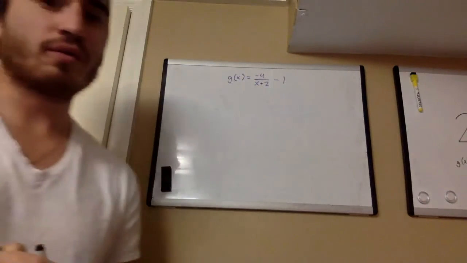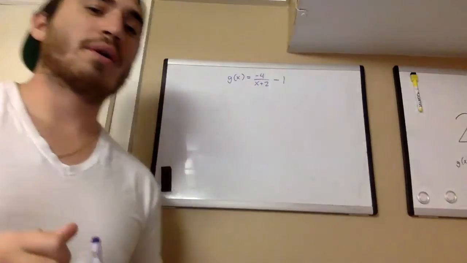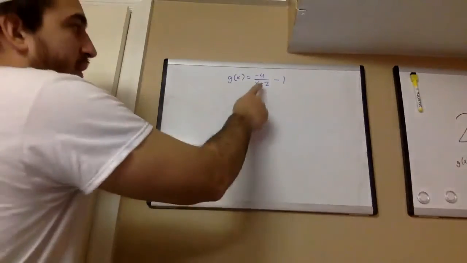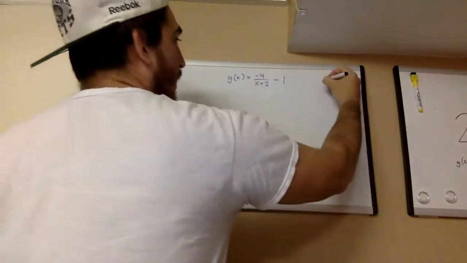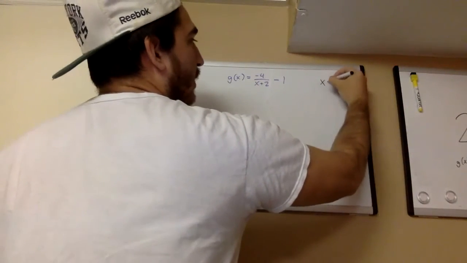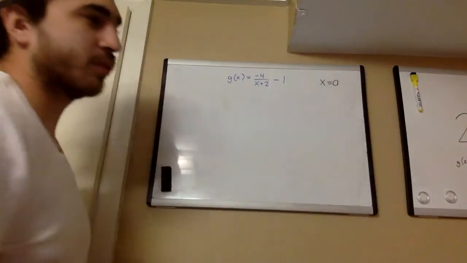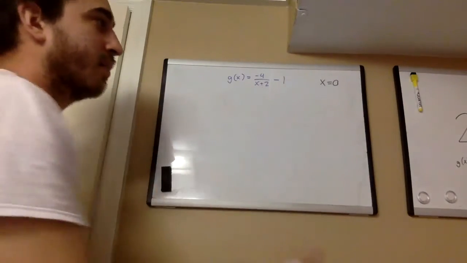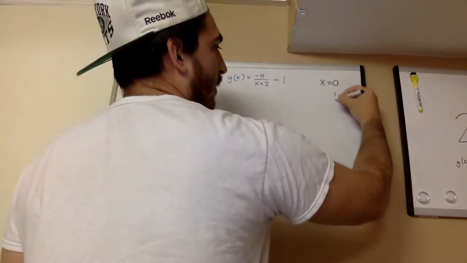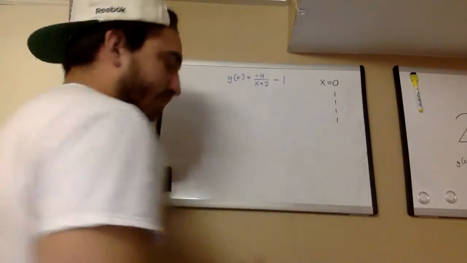First, I'm going to show you how to get the vertical asymptote. If the denominator was just x, your vertical asymptote would just be x equals 0, which means you're going to have a vertical asymptote that looks like this.